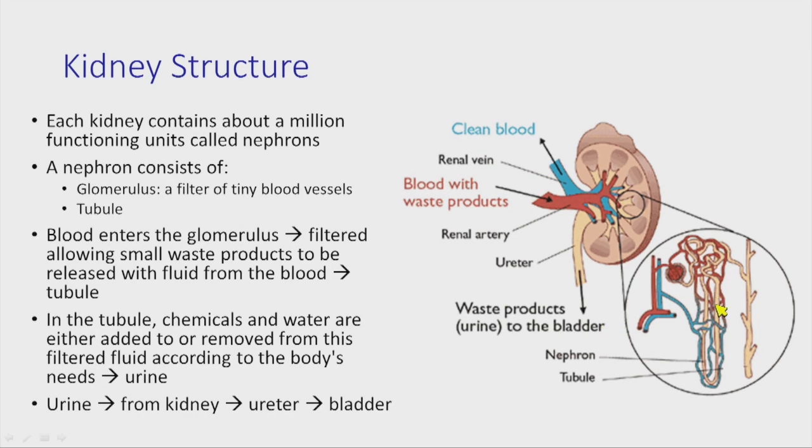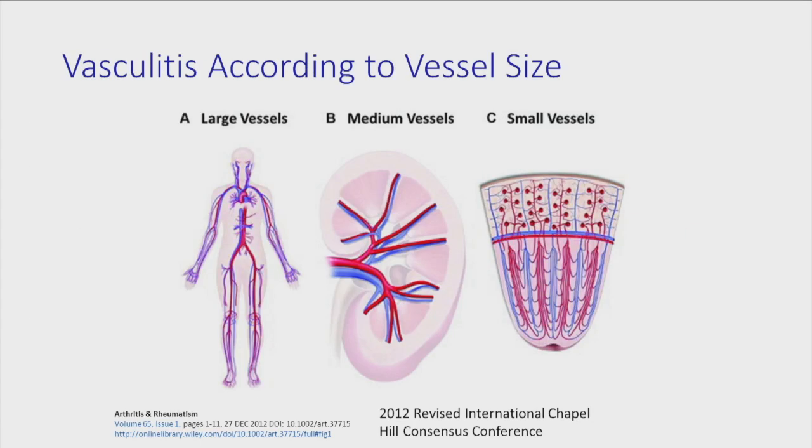In the tubule, chemicals and water are either added or removed from this filtered fluid, and this depends on what our body needs at every time. The result of all of this process is what we know as urine. The urine goes to a larger tubule, and basically it flows from the kidney where it is formed to the urethra, and from there to the bladder, and is finally released from the body.